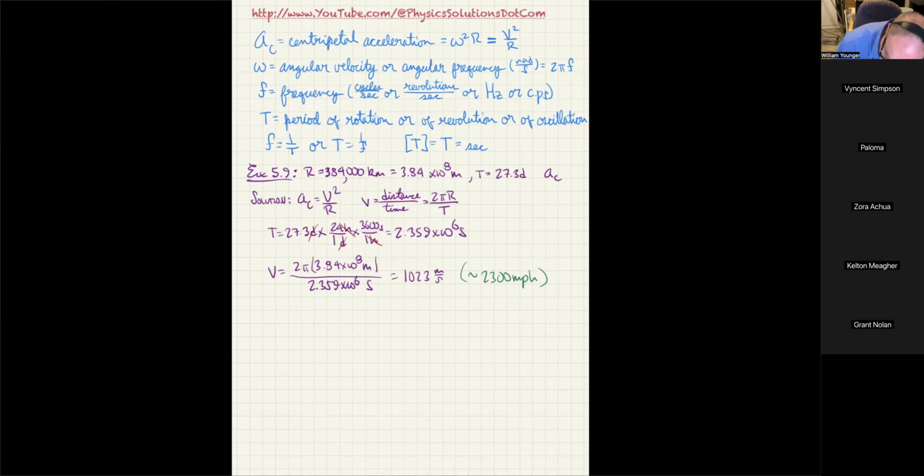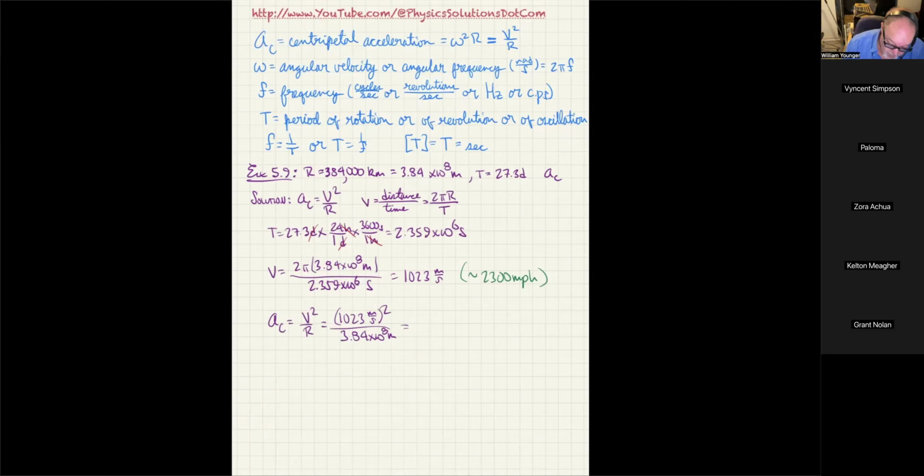Now I'm going to go ahead and calculate the acceleration, and the centripetal acceleration is v squared over r. So I'm going to say 1023 meters per second quantity squared divided by 3.84 times 10 to the eighth meters. You can see that the meters per second, when you square that, you're going to get meters squared per second squared, but then you're going to divide that by meters, so that's going to give you meters per second squared.